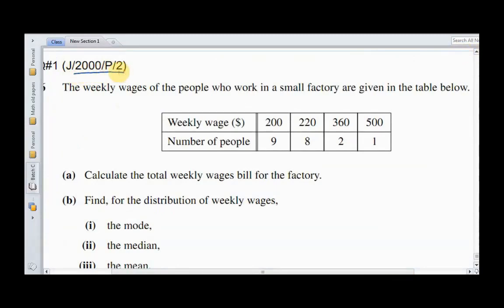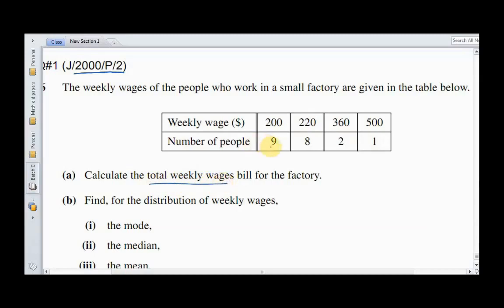The question says the weekly wages of the people who work in a small factory are given in the table below. Weekly wage $200: there are 9 people who are earning $200. Then 228 workers, 362 workers, and 501 workers. Calculate the total weekly wages bill for the factory. Now how do you find the total?